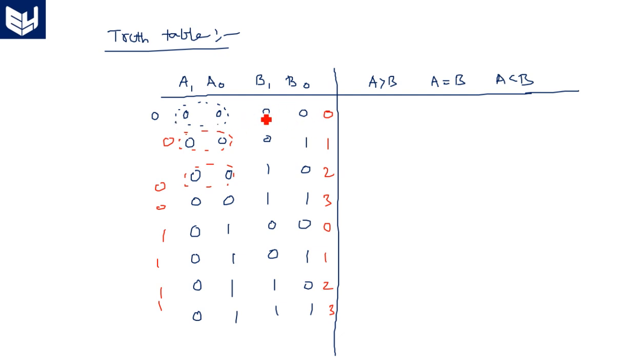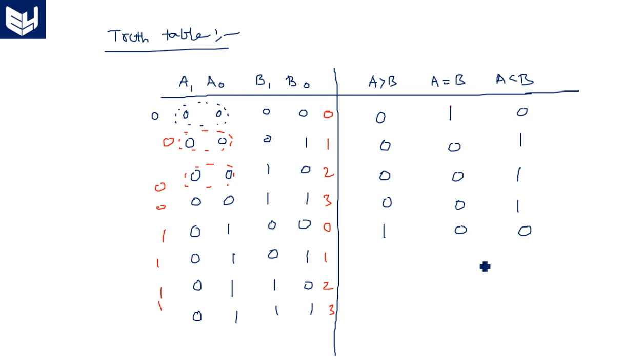Okay, now compare the decimal numbers. 0 0 means A equal to B, so A equal to B is 1 and remaining are zeros. Similarly 0 and here it is 1, so 0 1 means A less than B, next one is also A less than B, next is also A less than B. Next it is 1 and 0, so 1 0 means A greater than B, so this is 1 and remaining are zeros.